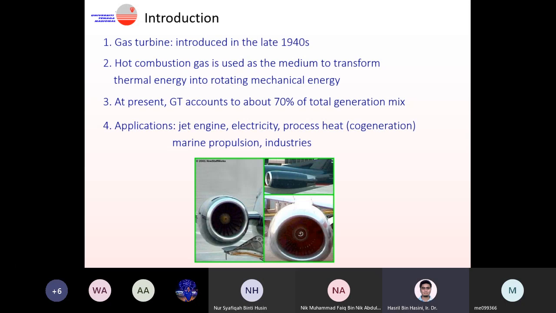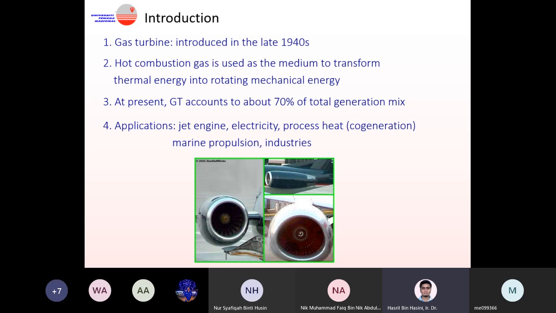At present, the gas turbine accounts for about 70% of the total generation mix. That's quite a lot if you consider the overall different types of generation. The applications are many, mainly aircraft, the jet engine. We also use gas turbines to produce electricity.